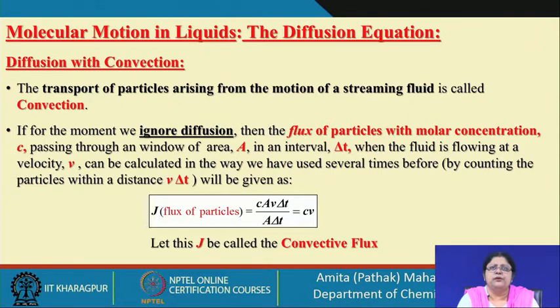Suppose the transport of the particles arises from the motion of a streaming fluid, which we call convection. So, you have movement of particles through a medium because of the streaming of the fluid, and this streaming of the fluid is what we call the convection current.